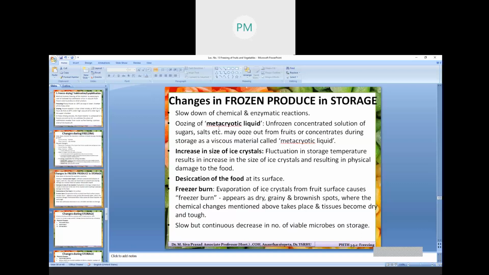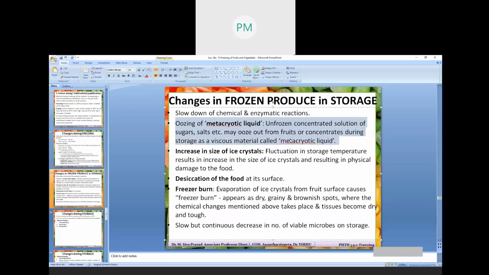And because of the differential ability of the solutions, in a fruit or a vegetable or a juice, all the foodstuffs won't freeze at the same time, as they have different freezing points.